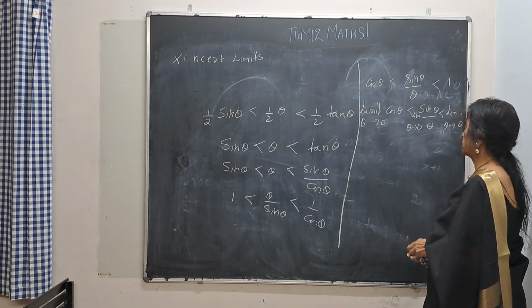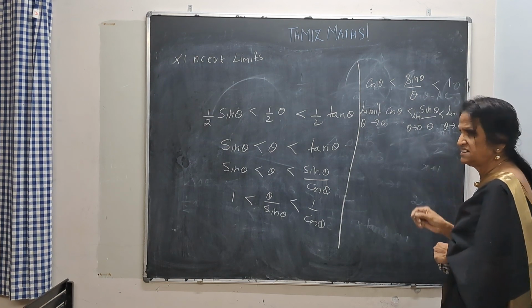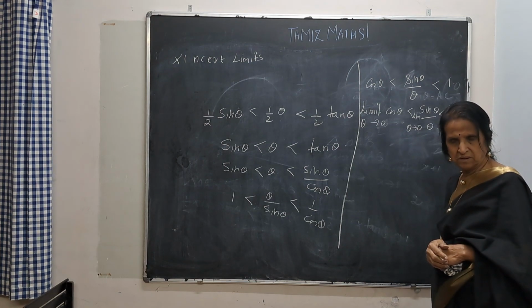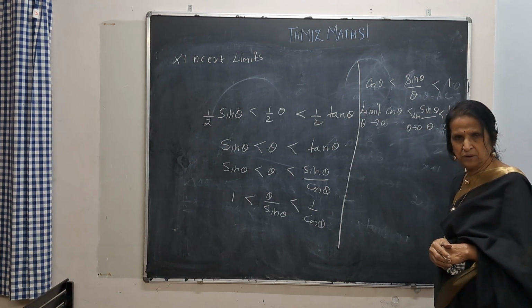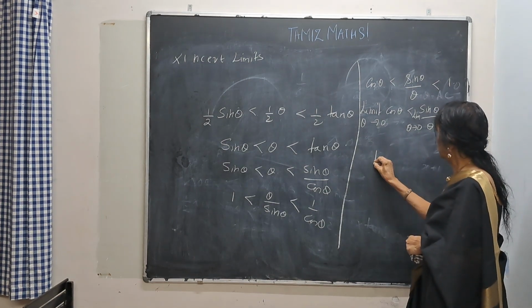Now, what is limit of cos theta when theta tends to 0? 1. Cos theta will be 1 when theta tends to 0. Okay? So this will be 1.